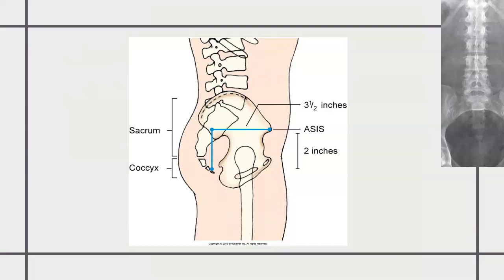Specifically for the sacrum, it is 3.5 inches posterior to the ASIS. Period. That's where you center. For the coccyx, it's 3.5 posterior and 2 inches inferior.